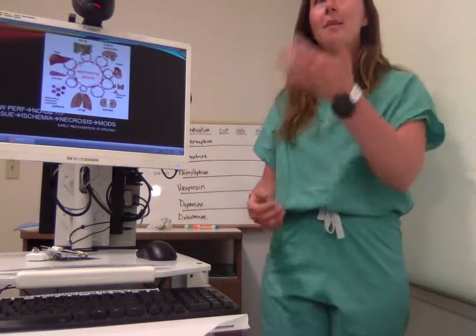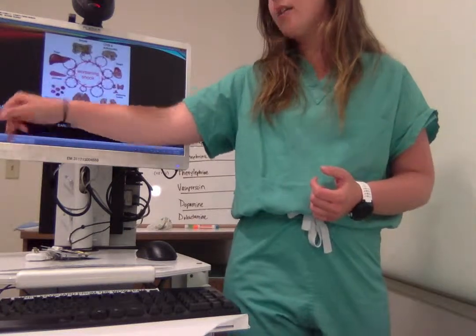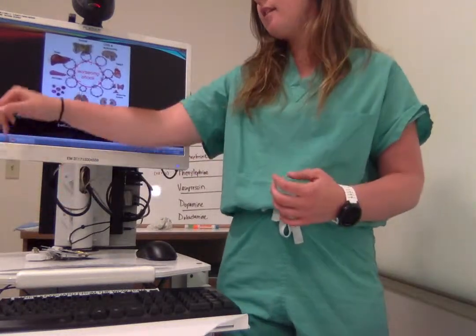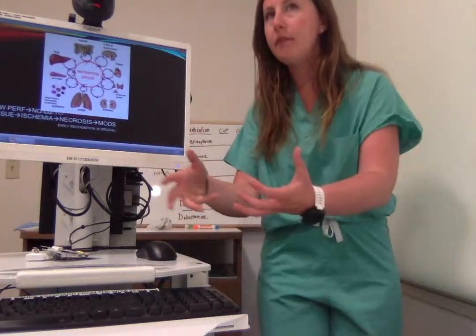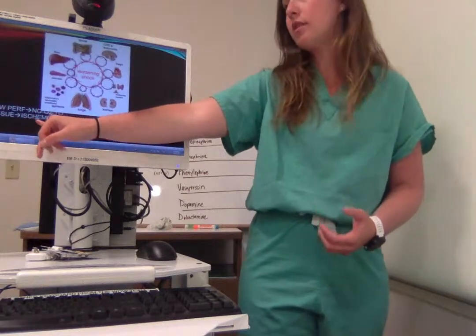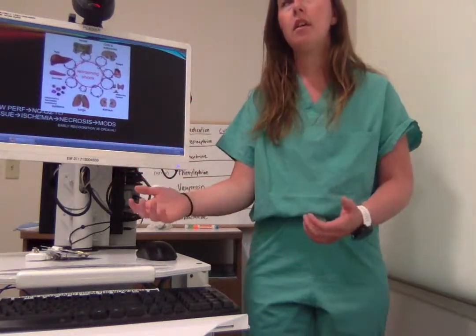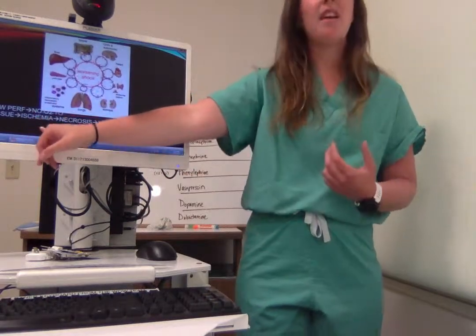So in short, do you like my GIF here? In shock, all types of shock, we end up with low perfusion. So that's a lack of blood flow to the tissues. If there's no blood flow to the tissues, there's no oxygen to the tissues either. And without any oxygen to the tissues, you end up with ischemia.